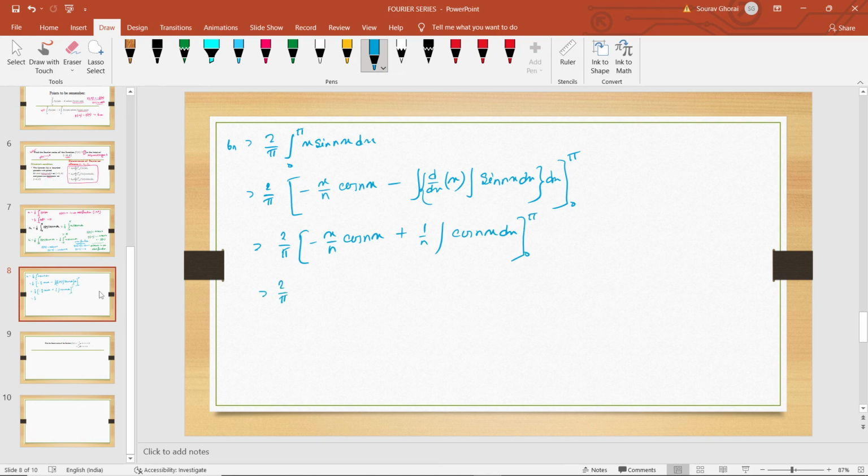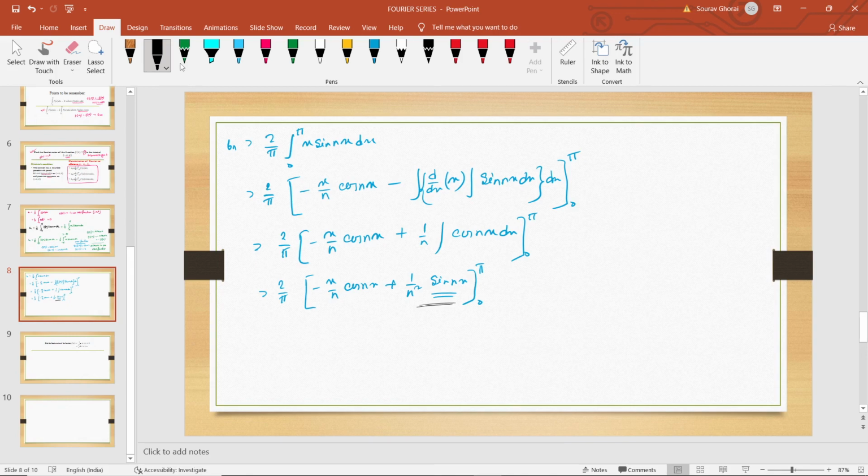So from here what we get? It is minus x by n cos nx plus 1 by n square sin nx. So see here that if we put the upper limit and lower limit in this portion, sin n pi is 0 and sin n0 is 0.